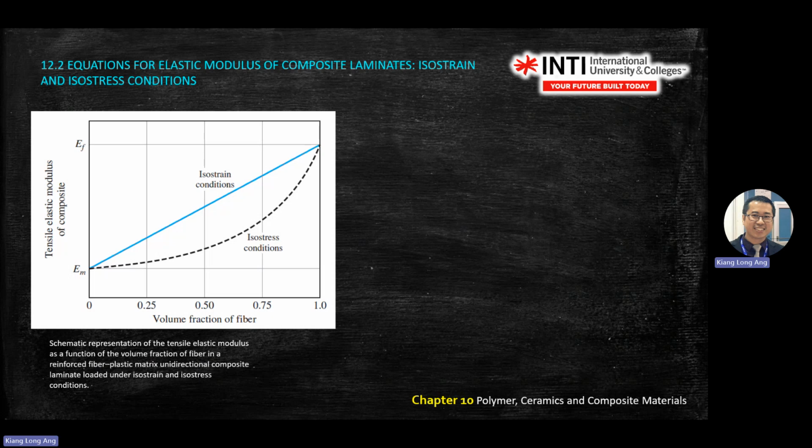If you understand why the blue line is a straight line, you should also understand why isostress is like a quadratic curve, or we call it a polynomial graph or polynomial curve. You can write it as a function of volume fraction of fiber if you want. So this graph gives you this polynomial shape.